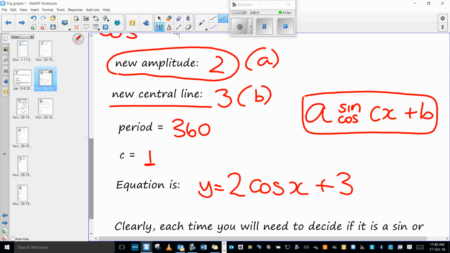So that's why the 2 came first. Sine and cos is which type of graph it is. And I've only done sine and cos because they're the most common ones. The C is our value here, so that was just a 1, so we just had x. And then our B value is where our central line was. Does that make sense?